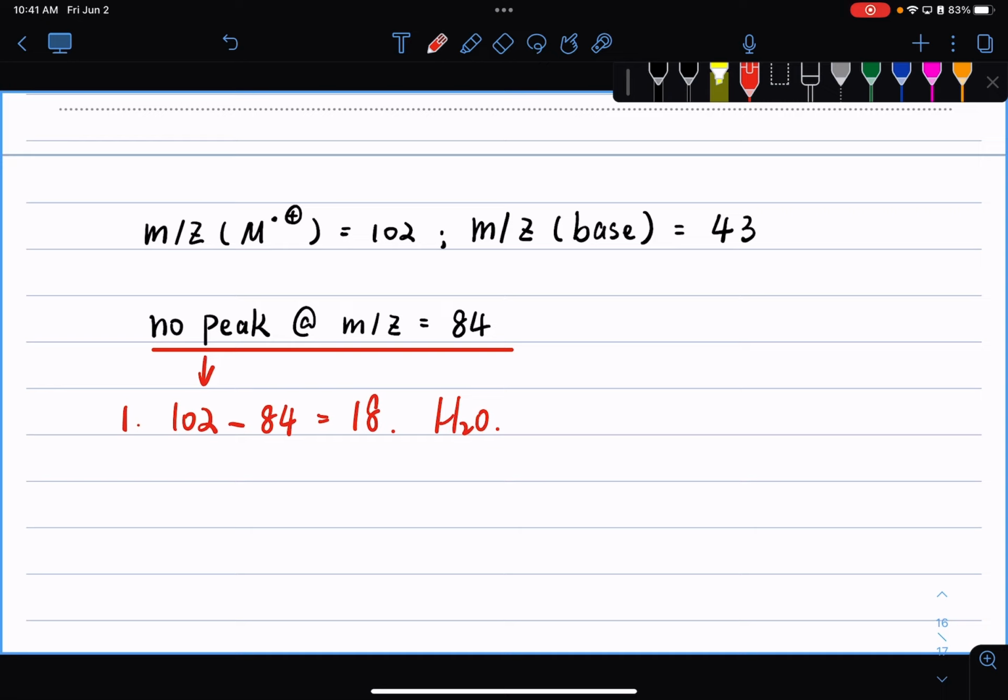So this is an example where there's no dehydration happening. So this one, we have no OH or alcohol. And this piece of information is also consistent with what we observed in the IR spectrum.